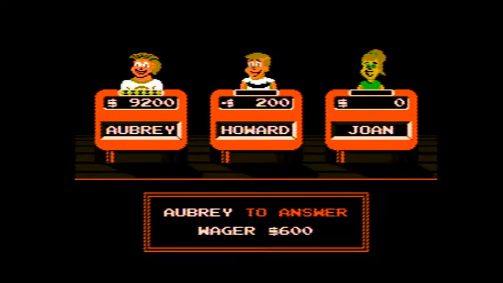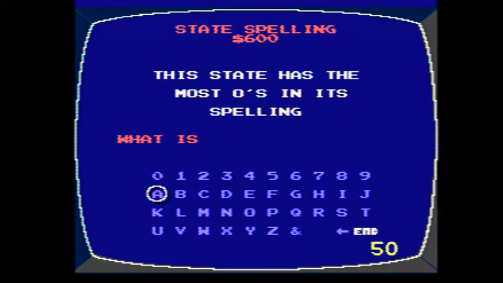The state that has the most O's in its spelling. What is Colorado?